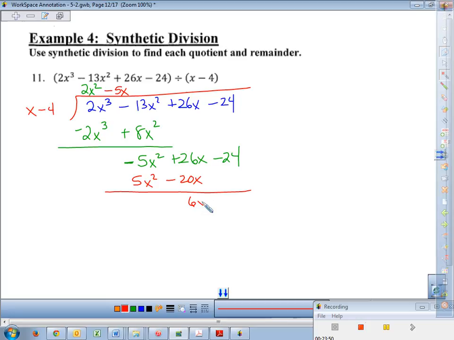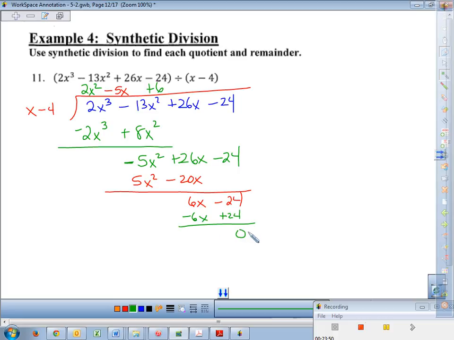That's 6x minus 24. Right? And we do it one more time. Plus 6. We get minus 6x. That's negative 24, but we change the sign and get a plus 24.